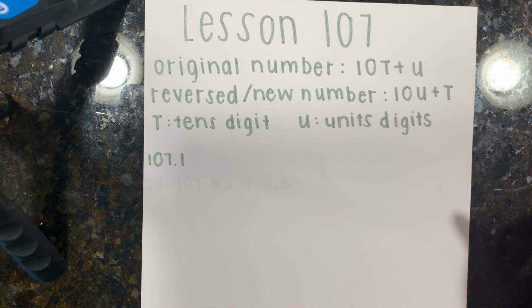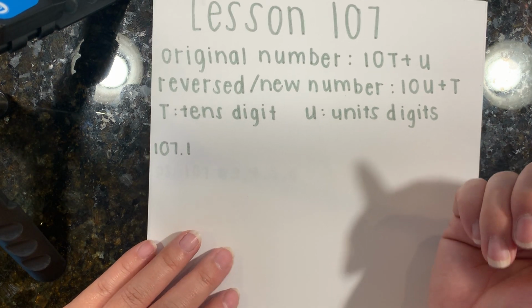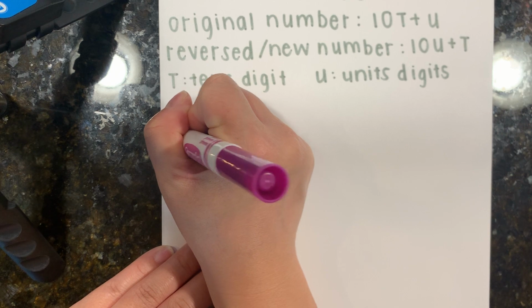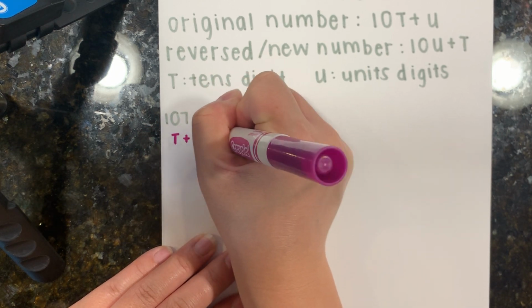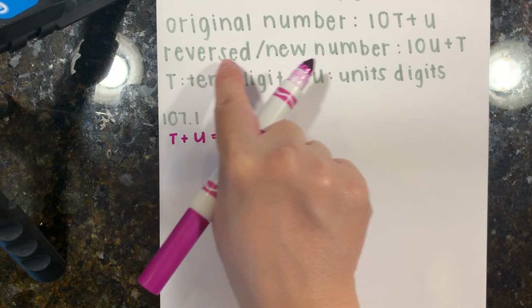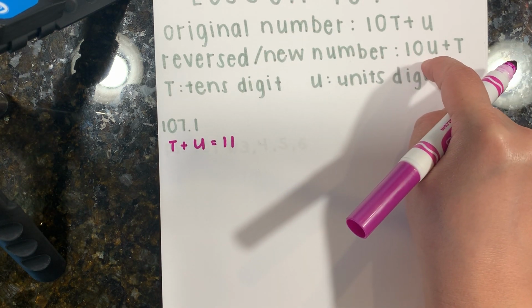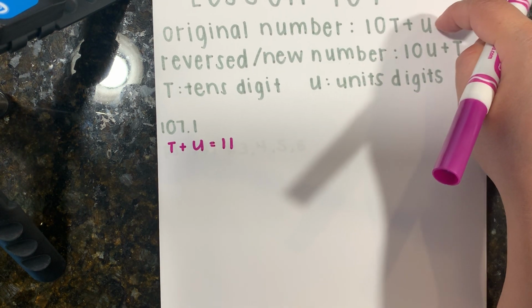It says the sum of the digits in a two-digit counting number is 11. That means just adding your two digits, your tens and your units digit, you're going to get 11, so t plus u is equal to 11. Then it says if the digits were reversed, the new number is 27 greater than the original number.